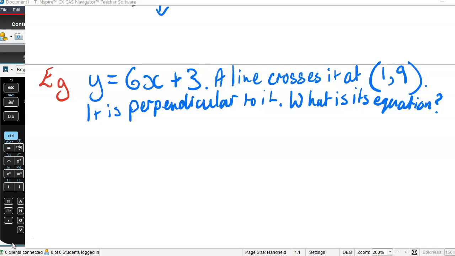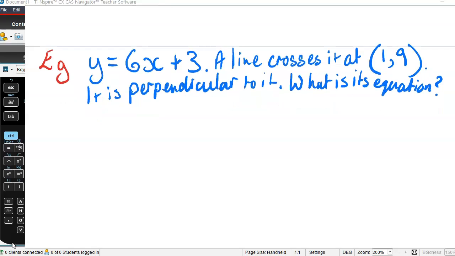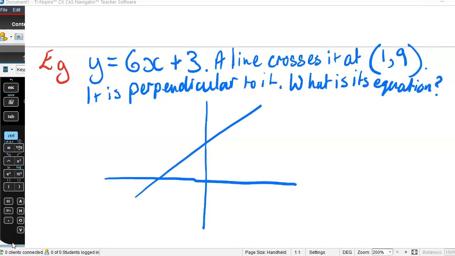So we have this line here, y equals 6x plus 3. Okay, so roughly, very roughly, it would look something like that. It's very, very rough.